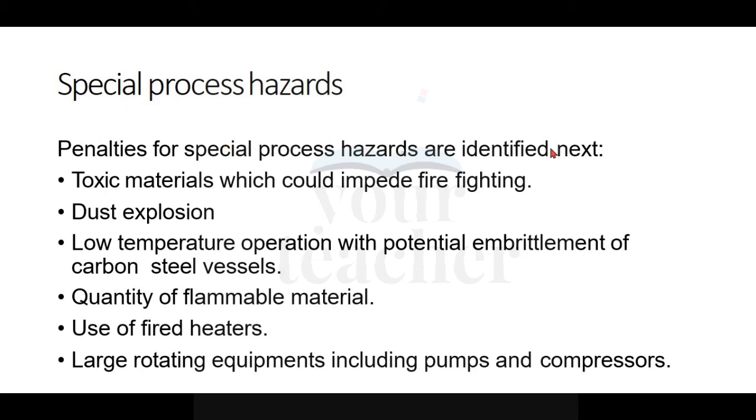These include toxic materials which could impede firefighting, the chances of dust explosion, low temperature operations with the potential embrittlement of carbon steel vessels, the quantity of flammable material, any usage of fired heaters, and large rotating equipment including pumps and compressors. We apply penalties for these particulars, and we can obtain the special process hazard factor.